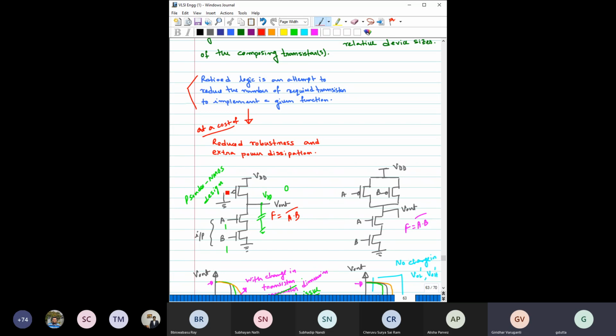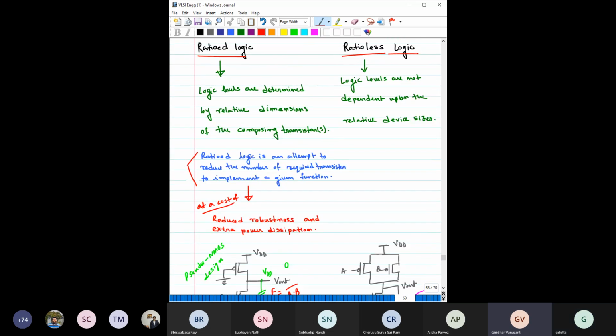But here you need only one transistor for the pull-up network. So clearly the number of transistors required to implement any Boolean function would be lower for ratioed logic compared to ratioless logic. That is the sole purpose of going for ratioed logic. But this does not come without any price.